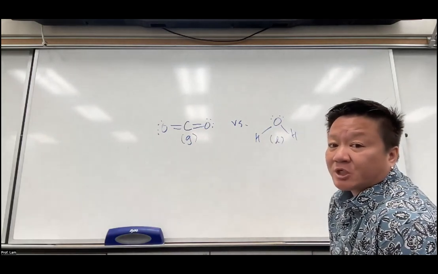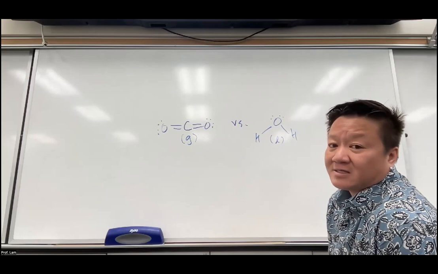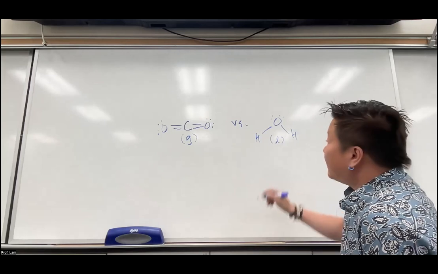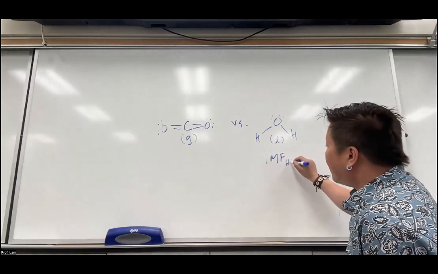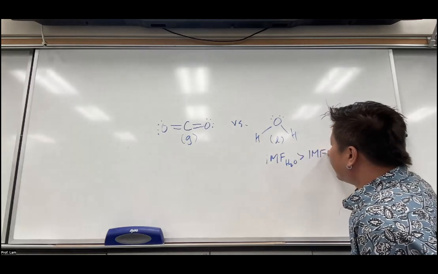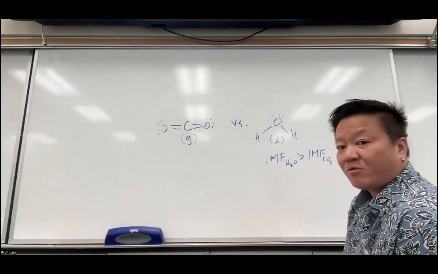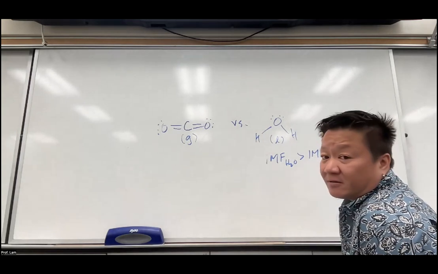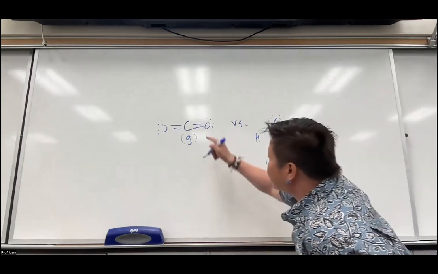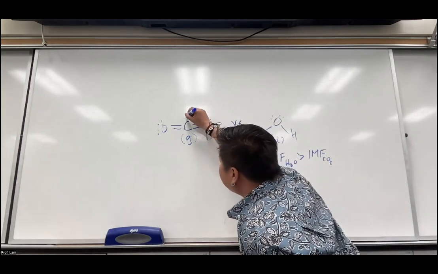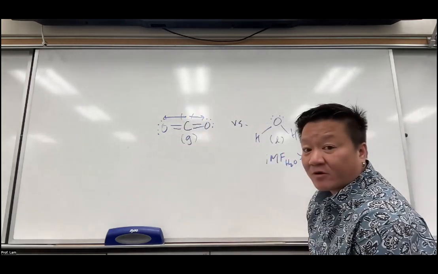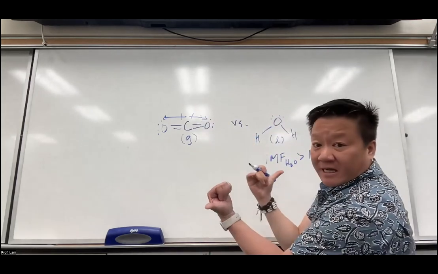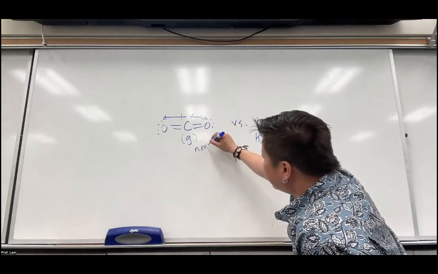And so now we can say, why is it that water is a liquid and CO2 is a gas at room temperature? It must mean that the IMF of water is stronger than the IMF of CO2. We will learn in a second that the reason is because CO2 is non-polar. We've done this assessment before, to draw the bond polarity arrows, and they cancel, so this is no net polarity.